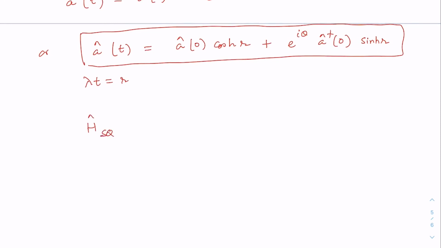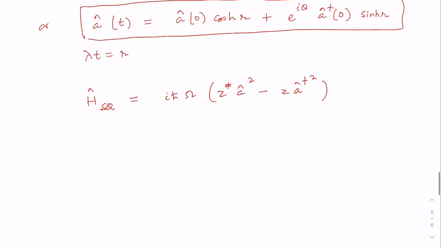So the squeezing Hamiltonian, we can write it as i h cross omega z star a square. That was our guess, and by this guess we got the correct expression. So I can now write it as i h cross omega mod z, e to the power minus i theta a square minus e to the power i theta a dagger square.